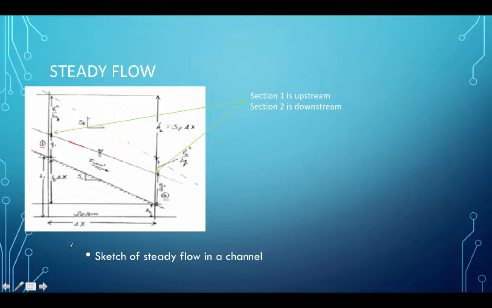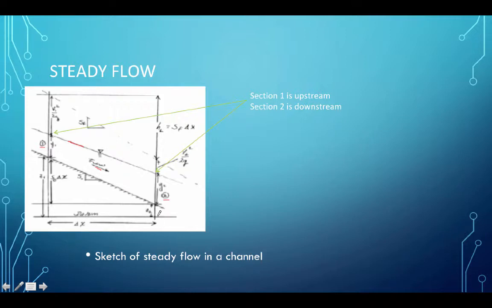So at section 1, the total energy we're going to declare is equal to the elevation of the bottom of the channel above some datum, plus the flow depth, y1 in this case, plus the velocity head at that location, v1 squared over 2g.